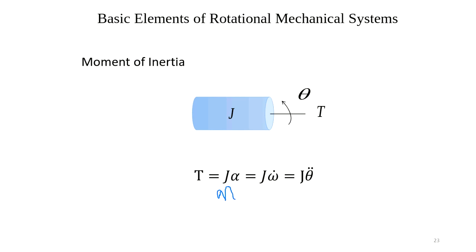Now this becomes moment of inertia times angular acceleration. They are all mechanical systems, but in translational or linear systems we have mass, and in rotational systems we have inertia. Is it okay?